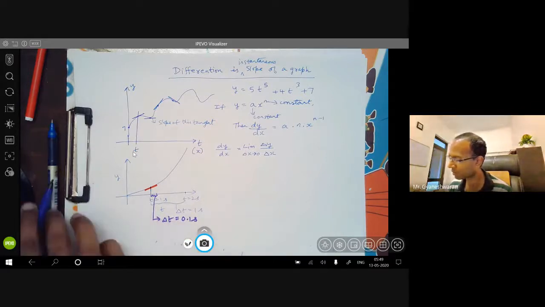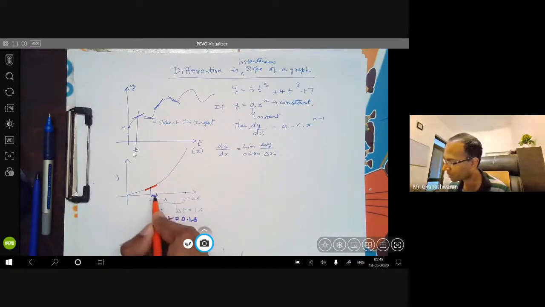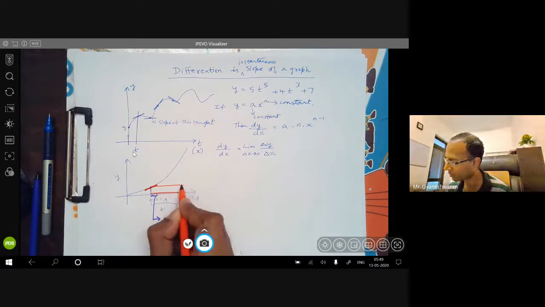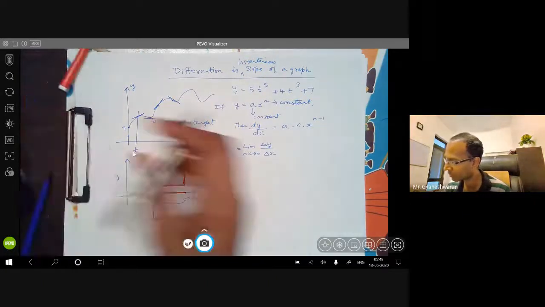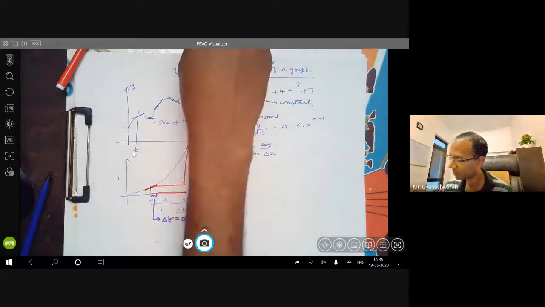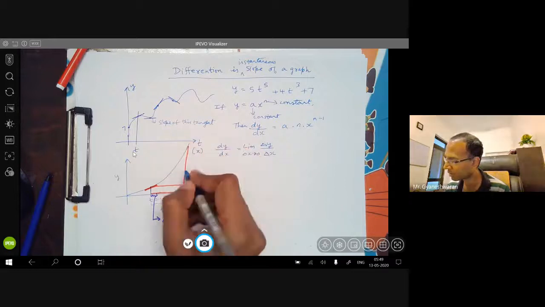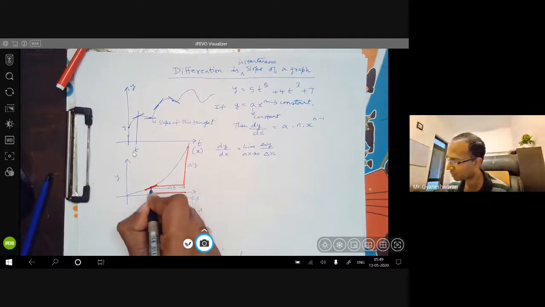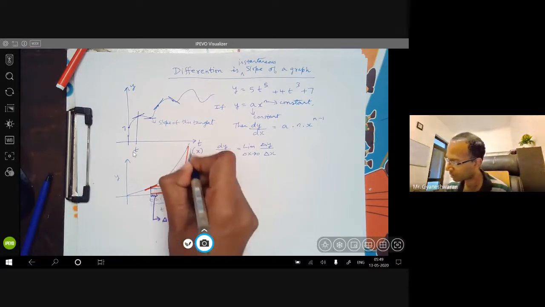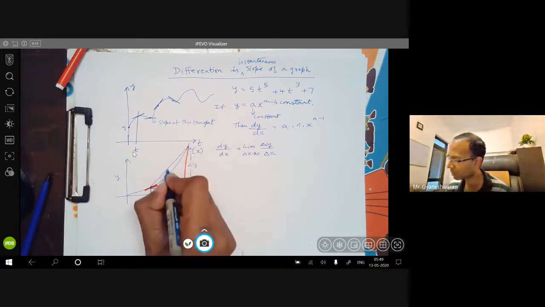In the first case your delta t was 1 second, so the slope would be delta y by delta t, the slope of this secant.